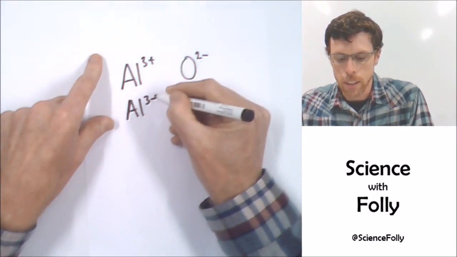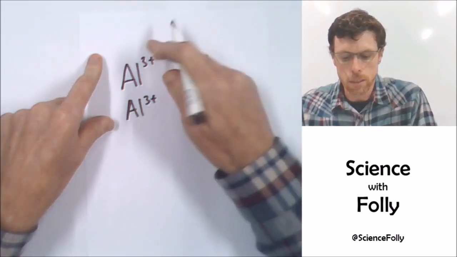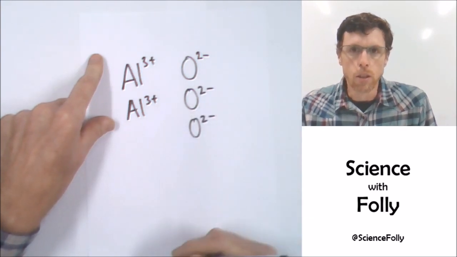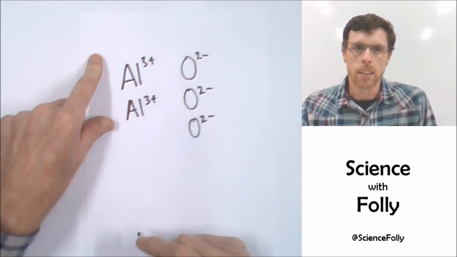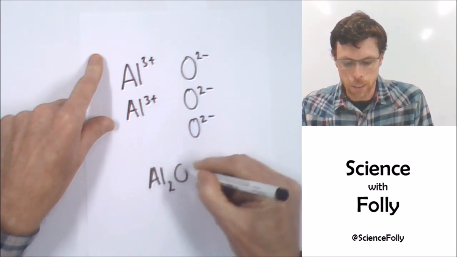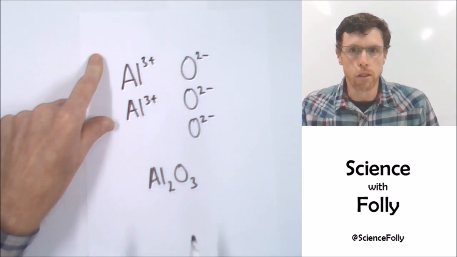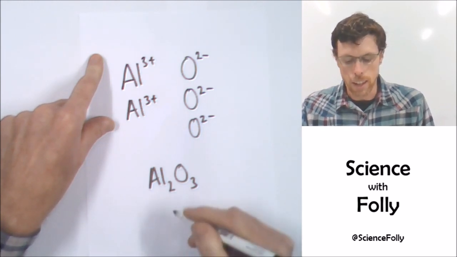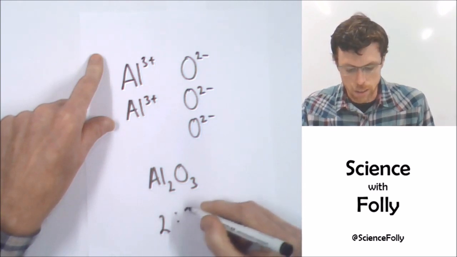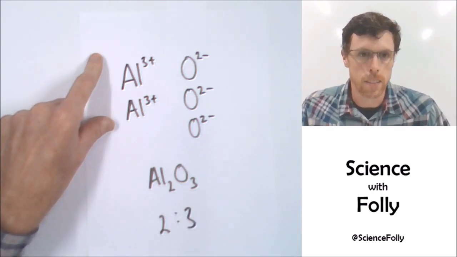So I need 2 Al3+, which gives me 6 positives, and 3 O2-, which gives me 6 minuses. And so I write it like this, Al2O3, and that's the formula for aluminium oxide. And in this case, the ratio of aluminium ions to oxide ions is 2 to 3.